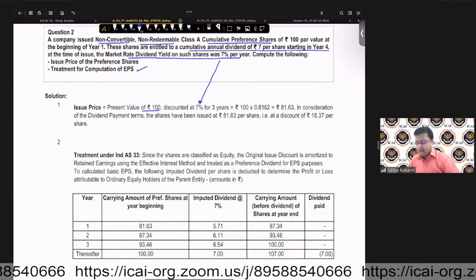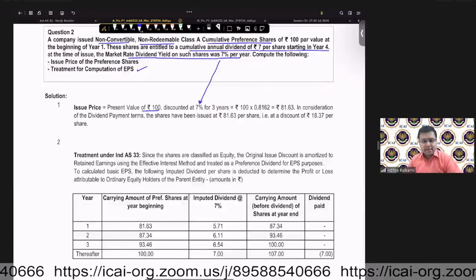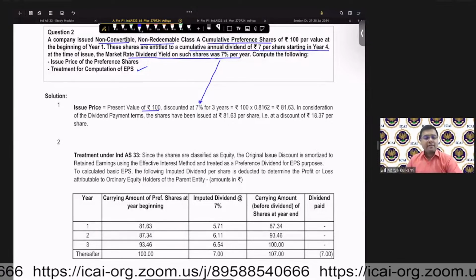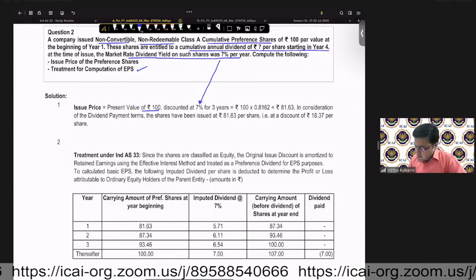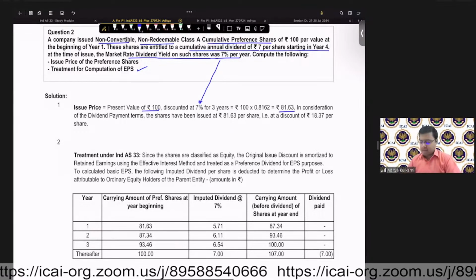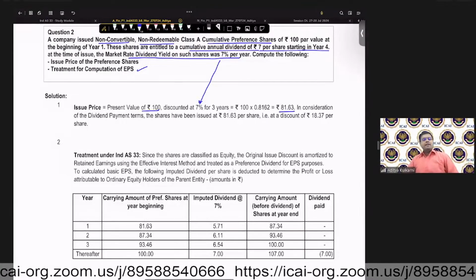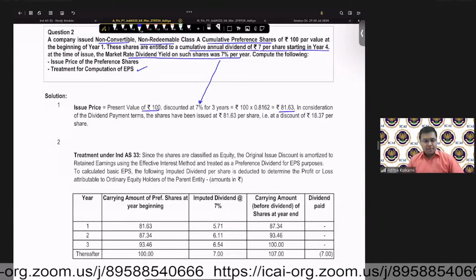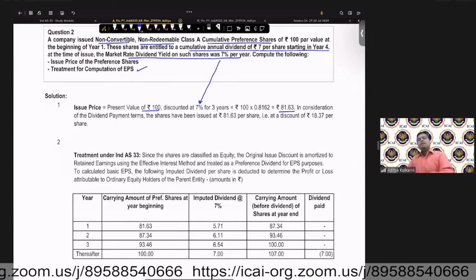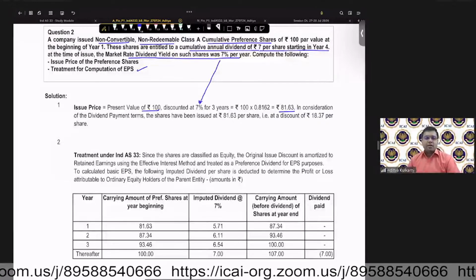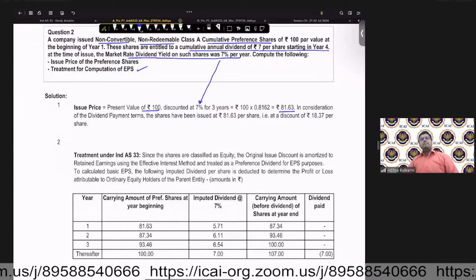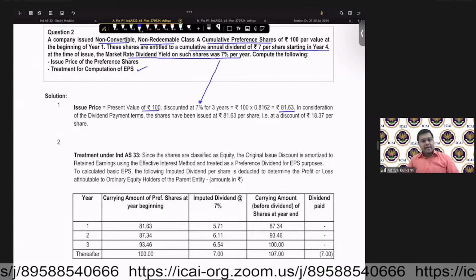This is the market rate dividend yield on such shares. So we are discounting it at 7% for 3 years. So that comes to 81.63. So what is happening here? A share of 100, I am issuing at 81 rupees. And I will not be paying the dividend for a 3-year tenure. So I'm giving a discount now and I'm telling the shareholder, I'll not pay you any dividend currently.